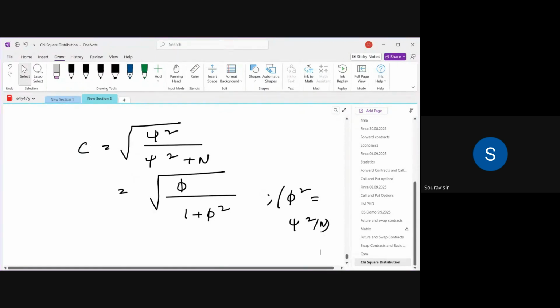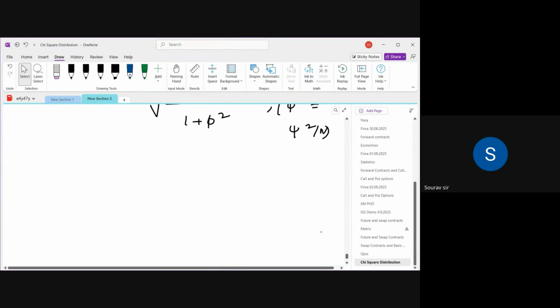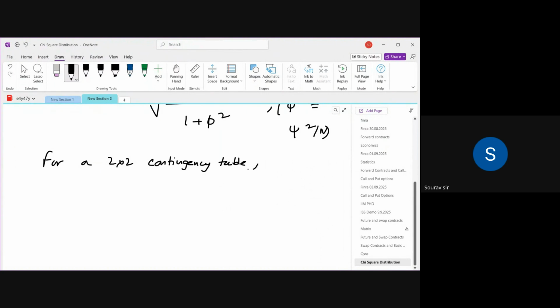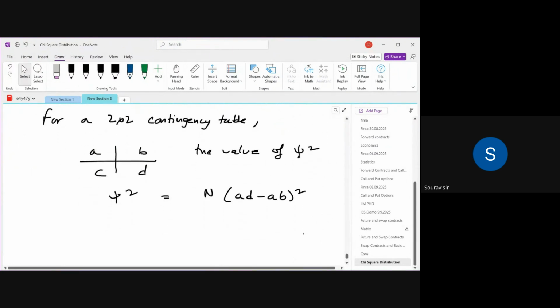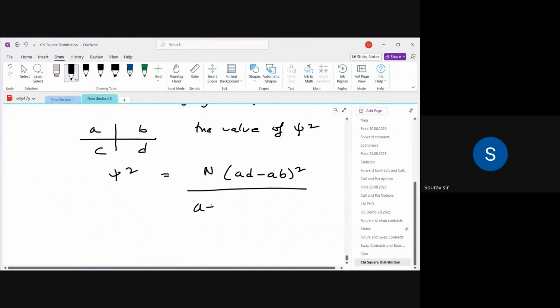Okay. And for a 2 cross 2 contingency table, because just now I have shown you the table, like this, we have A, B, C, D. The chi-square value will be given by N times (AD minus BC) whole square by (A plus B)(C plus D)(A plus C)(B plus D).